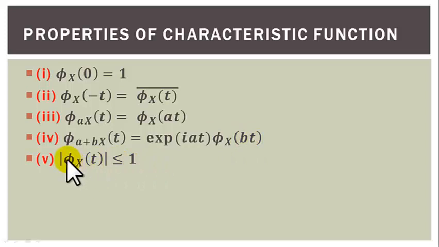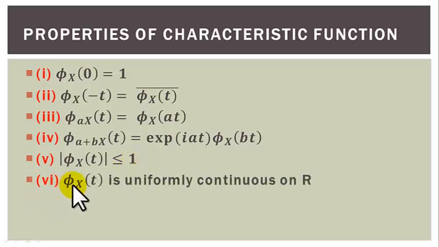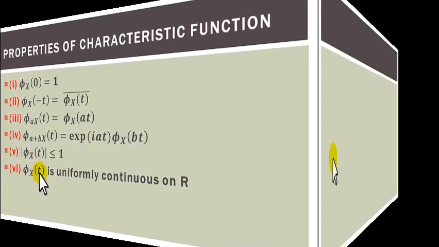The absolute value of the characteristic function of X with parameter t is less than or equal to 1. 6. The characteristic function of X with parameter t is uniformly continuous on R.